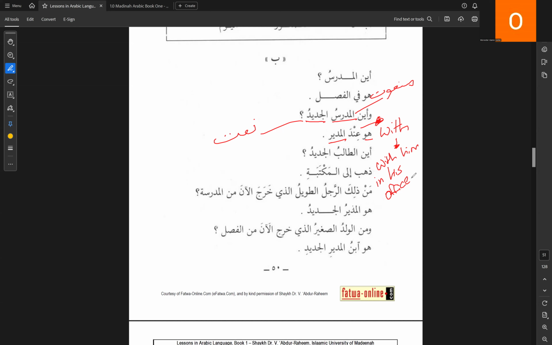أين الطالب الجديد? So الطالب is the منعوت, الجديد is the nath. Where is the new student? ذهب إلى المكتبة. مكتبة means library. We know that already.